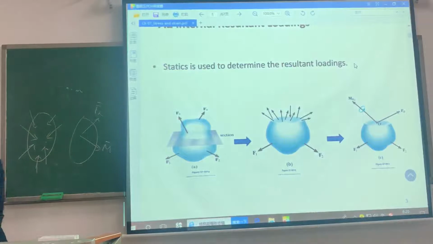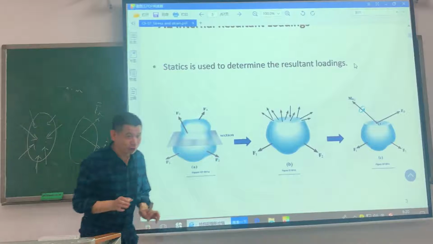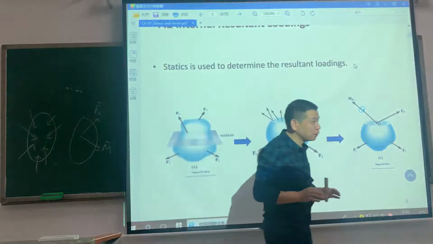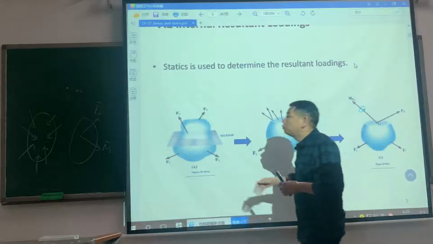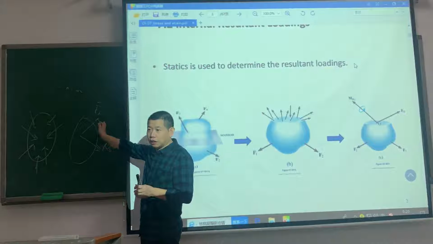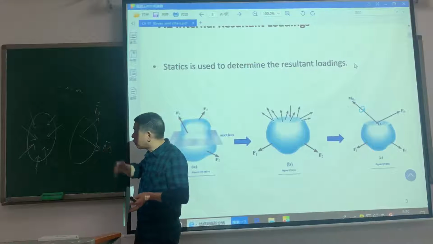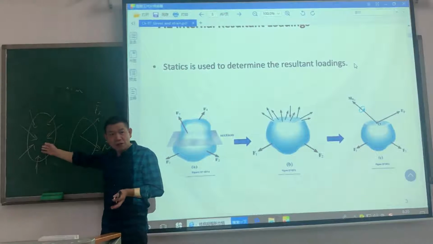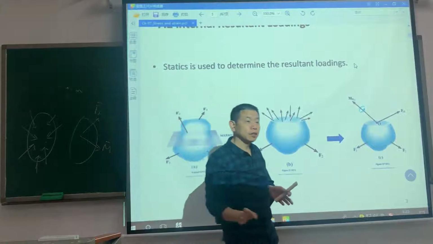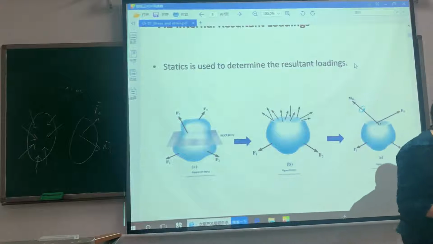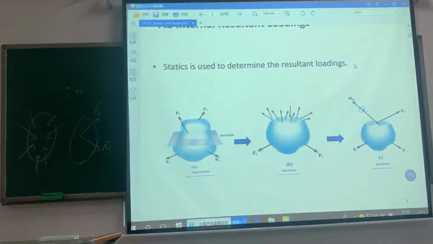Maybe you don't know because your statics is not full enough, but it doesn't matter. You needn't know why a resultant force and a resultant moment can replace all the forces. You just know we can. Understand?